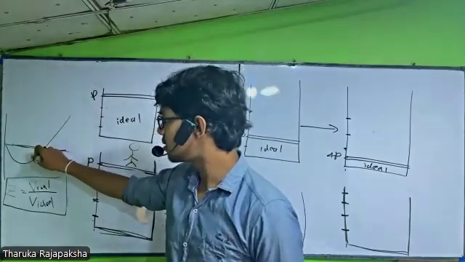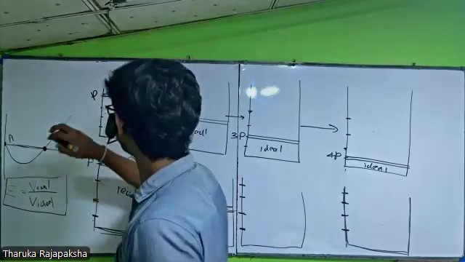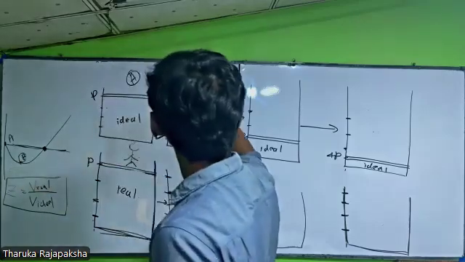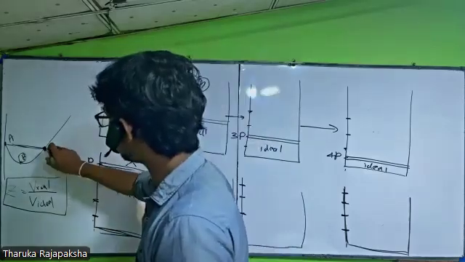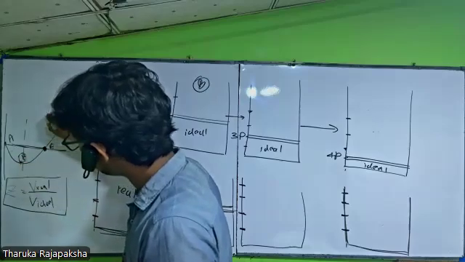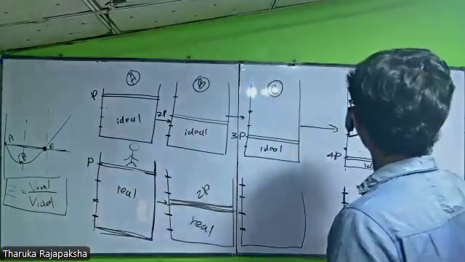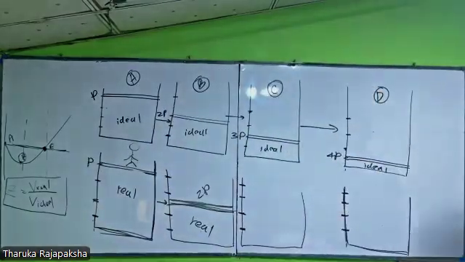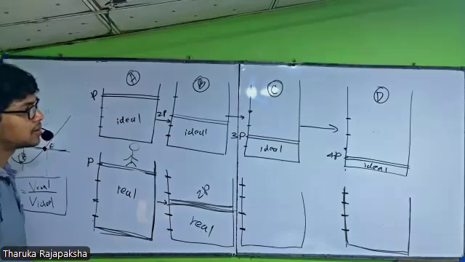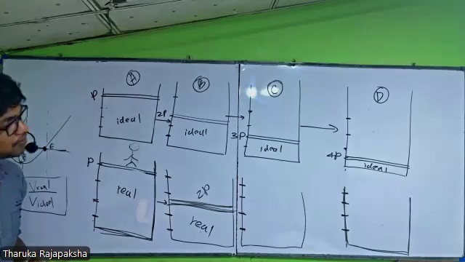I'll put this one as point A. This one point B. This one point C, and D is this one. Hurry. This is situation A. This is situation B. This is situation C. That is situation D.